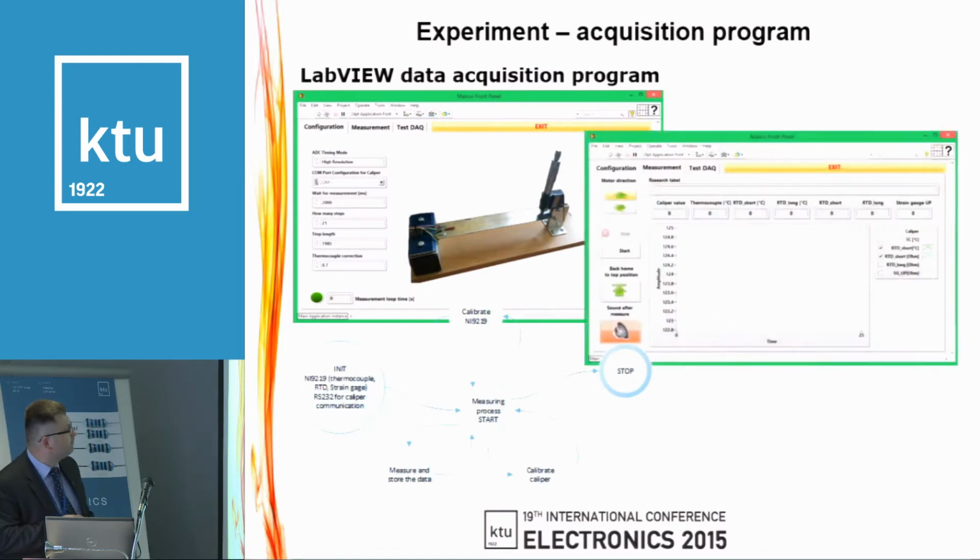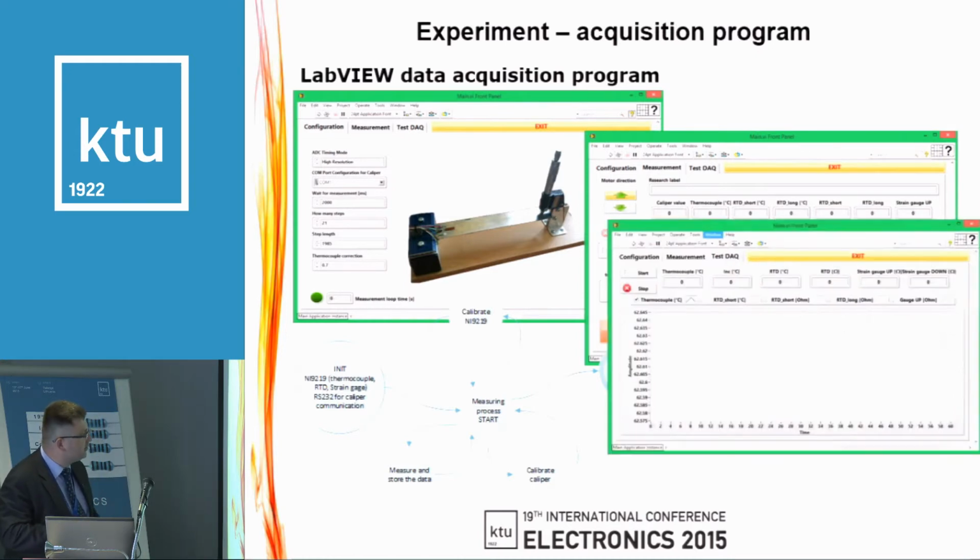Here you can see the steering panel. We can define the way of deflection of the cantilever beam, and we can see results. Of course, results are stored on the hard disk.